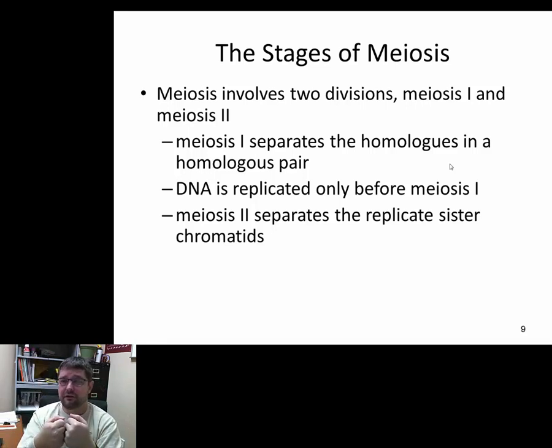And then in meiosis 2, you're separating the copy of that. So you already inherited dad's chromosome number 1 or mom's chromosome number 1, depending on the sperm or egg that you're looking at. And then you inherit just one copy of that, okay, which makes you a haploid in the case of humans. We'll go through this and you'll see what I'm talking about.